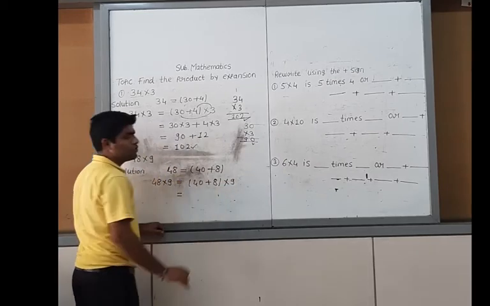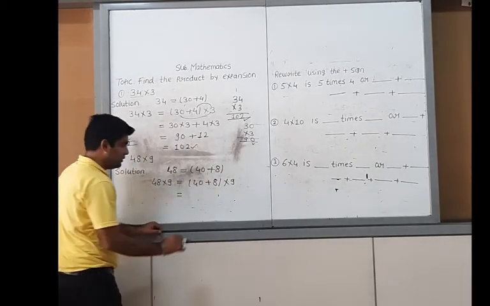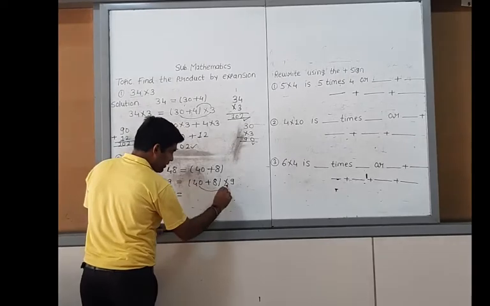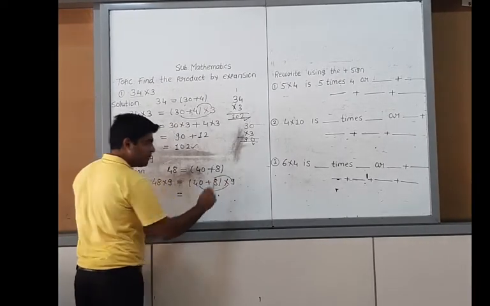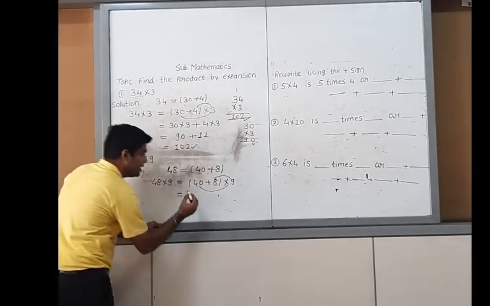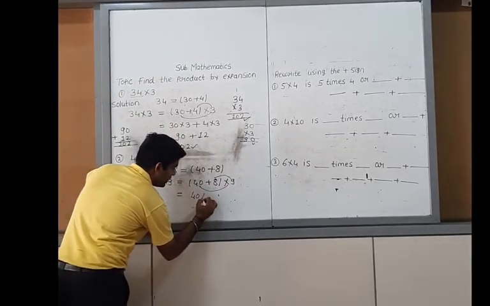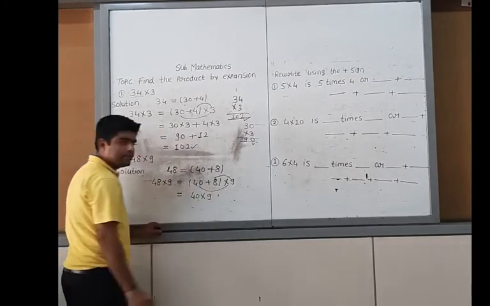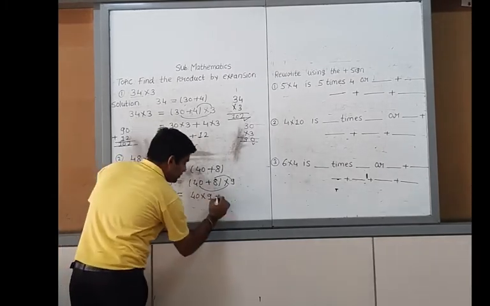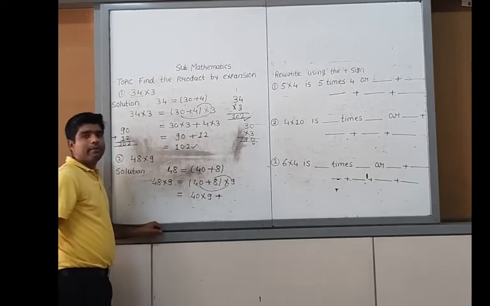Okay, now we have to solve it by simple multiplication. First of all, we have to solve 40 multiplied by 9. Second, we have to solve 8 multiplied by 9.